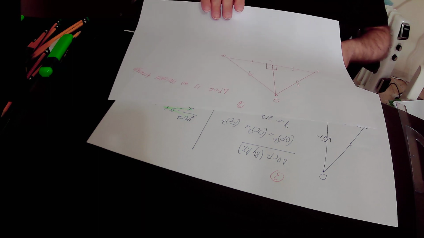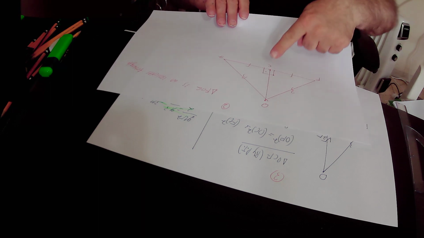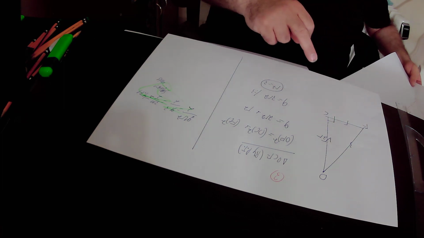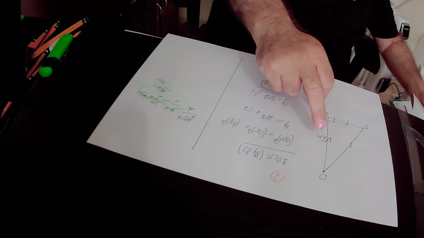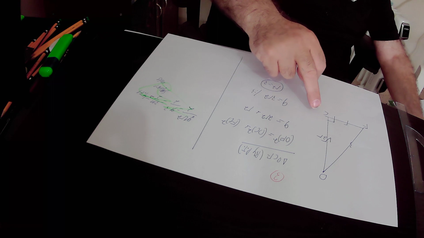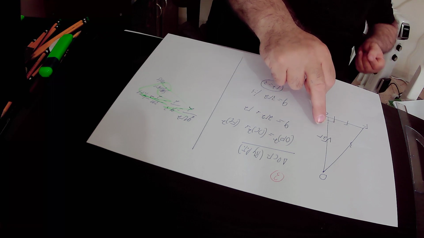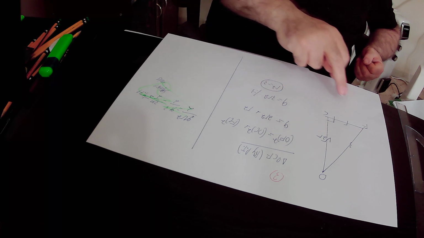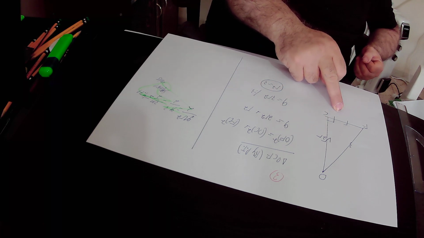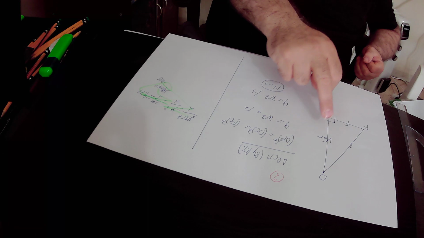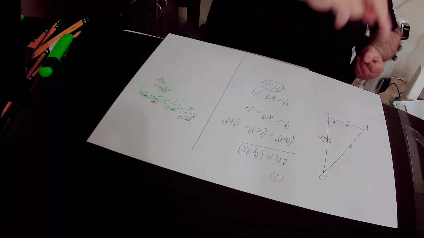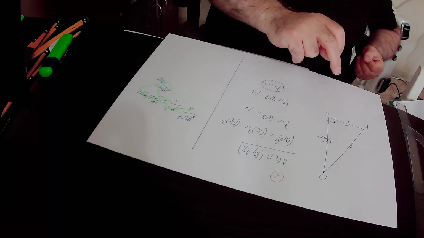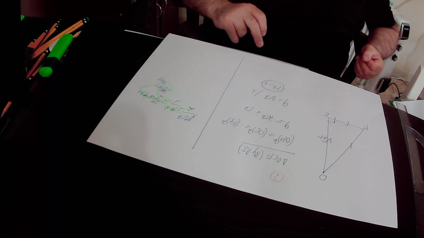So if we take the right triangle FOC, we have already found out that the diagonal of the square, OC, is equal to square root of 2r. FC is the radius of the semicircle, that is equal to r. And OC is the radius of the quarter circle, that is equal to 3 units. Okay?